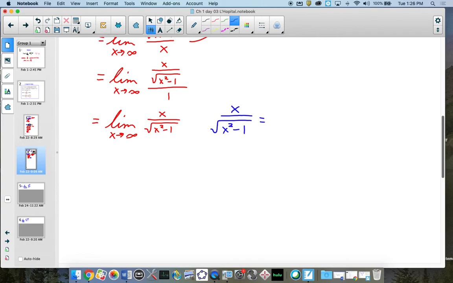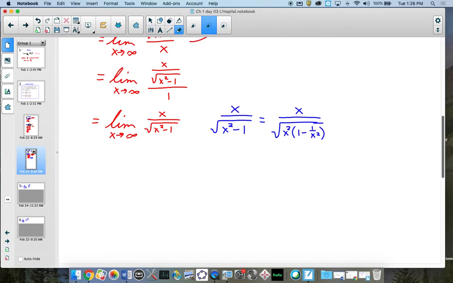That's the same as, what if I factored an x squared out of the two terms inside the square root? I'd be left with 1 minus 1 over x squared. Don't believe me? Just redistribute that x squared. You'll see you wind up with what we started with.